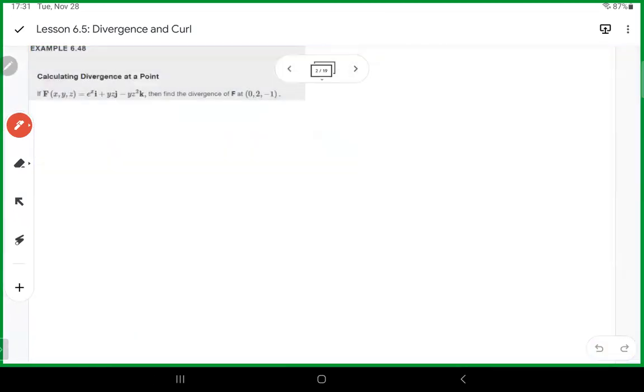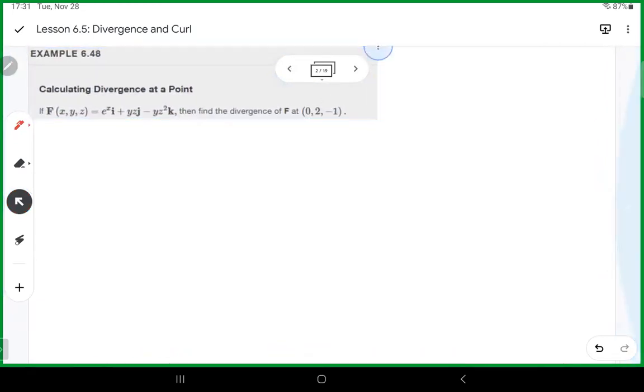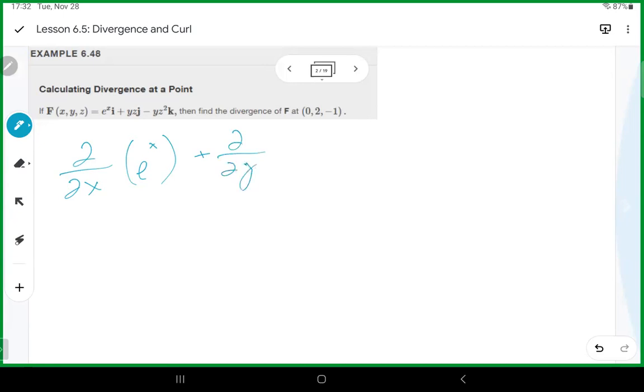Okay, let's get started with example 1. It says calculating divergence at a point. You can see the following information that they give you. So what we're going to do is some partials.